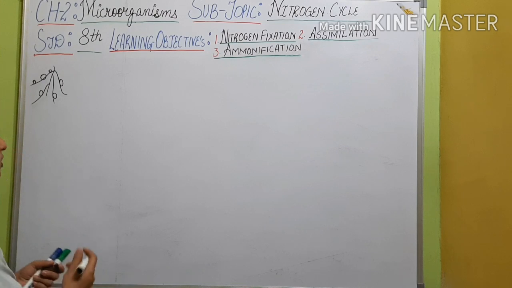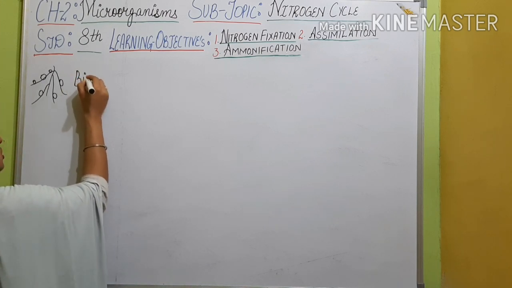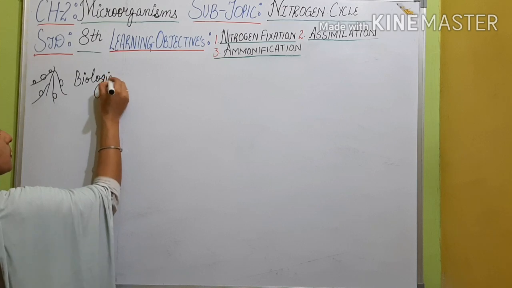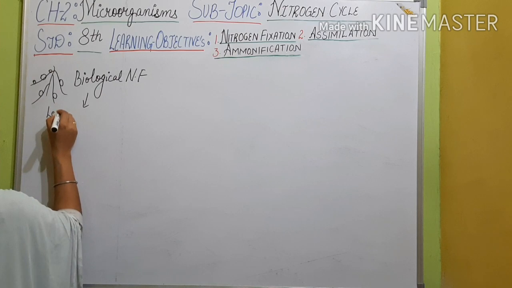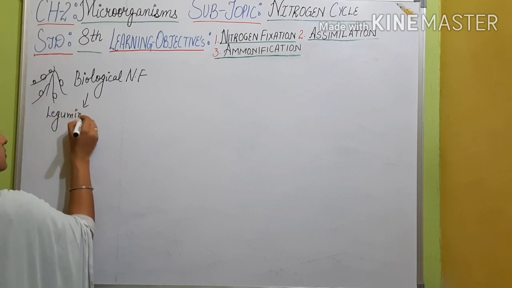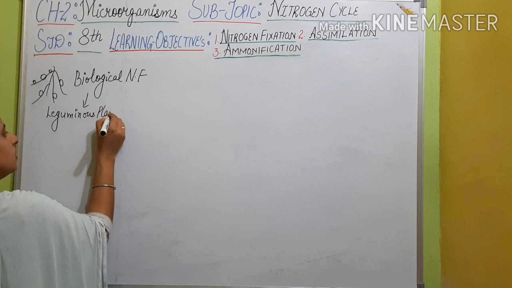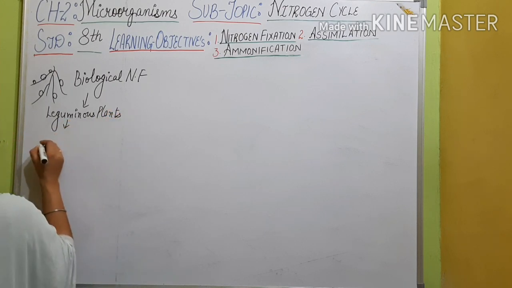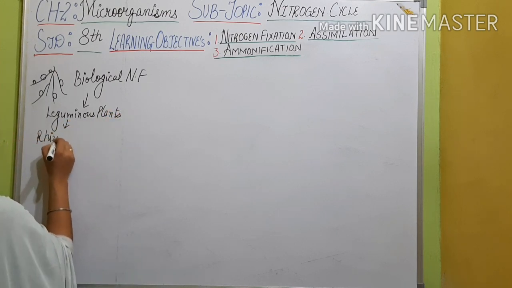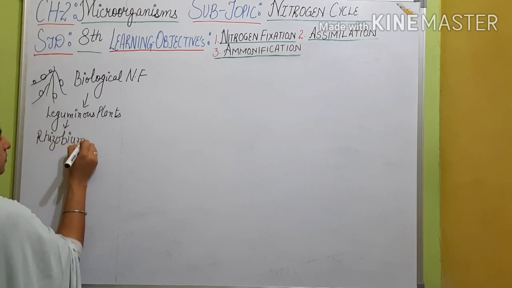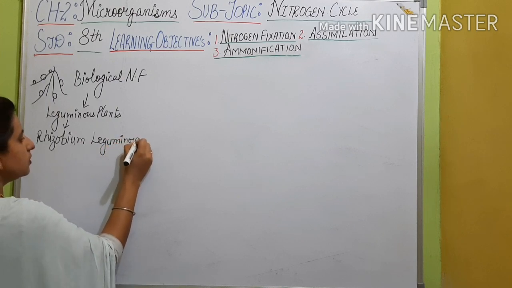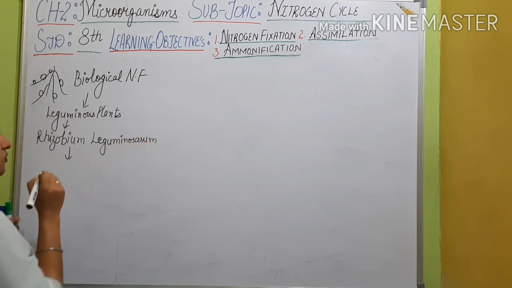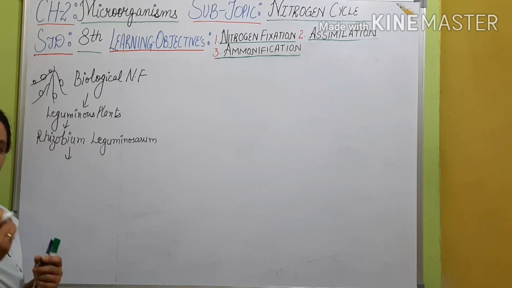So let's see what is going on here. In biological nitrogen fixation, in case of leguminous plants, a special kind of bacteria called Rhizobium leguminosarum will fix the atmospheric nitrogen, but it will fix the nitrogen in a very particular condition.